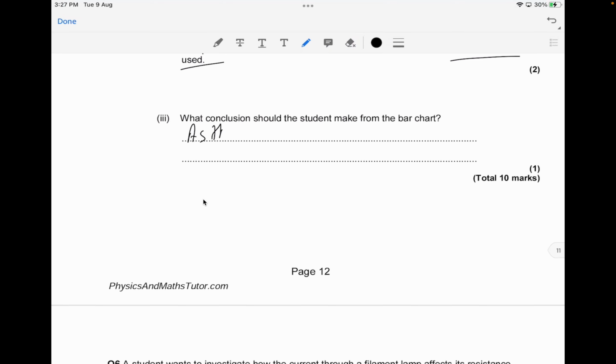You have to write: as the number of resistors increases, the current decreases. That's going to be our answer for 1 mark. So you're going to write that down as well. Alright, let's move on to the next question.